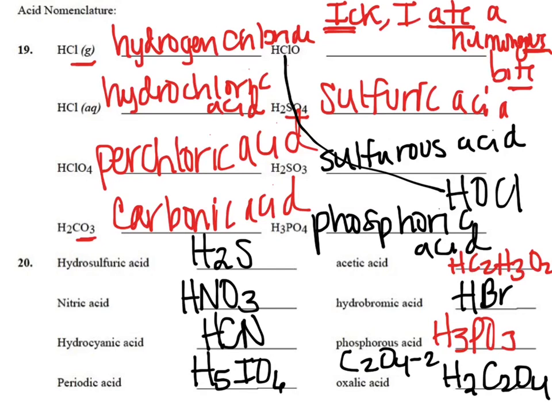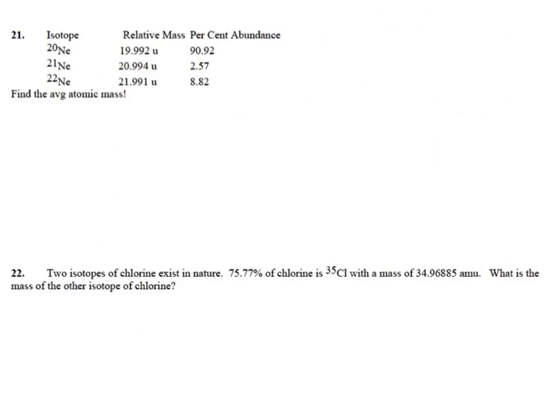Okay, so let's start in with the average atomic mass. So remember, an average atomic mass represents the average of all the isotopes and their percent abundance.